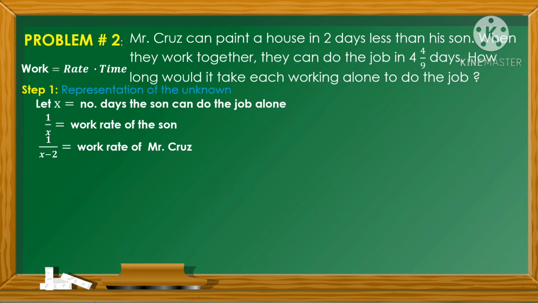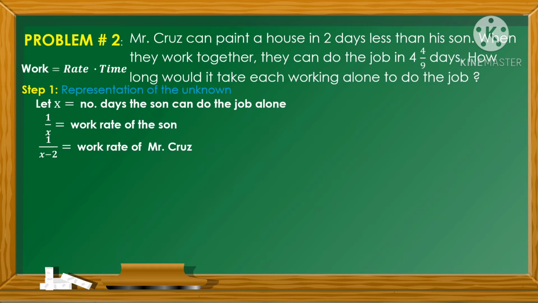Okay? Now, doon sa pangalawang sentence, sabi, when they work together, they can do the job in 4 and 4 over 9 days. So, kung silang dalawa magtatrabaho ng sabay, matatapos nila yung pagpipaint ng house sa loob ng 4 and 4 over 9 days. Okay? Para mas madali natin ito maintindihan, pwede natin yan i-change to improper fraction.